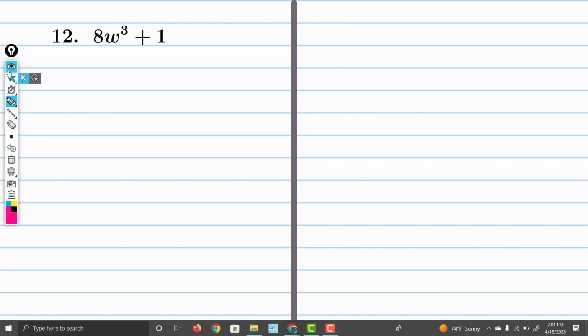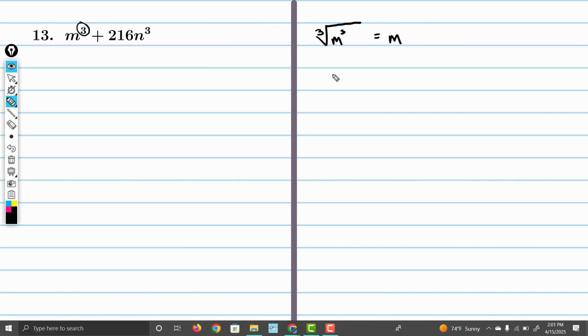Now let's go on to number 13. So we have two variables here. We still look for GCF, and there is no GCF this time. So I'm going to go straight to looking to see, can I take the cube root of each? And how I know that I'm using the cube root method is the powers have to be divisible by 3.